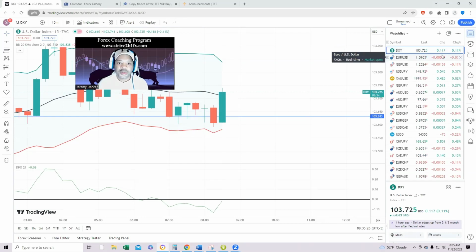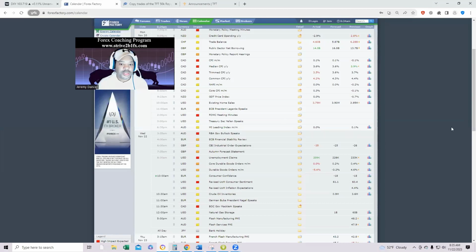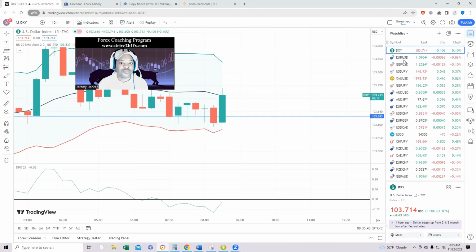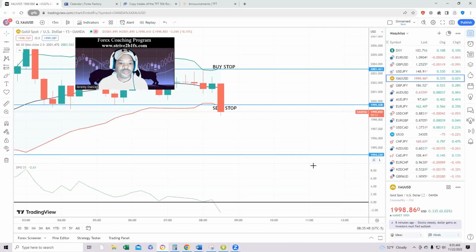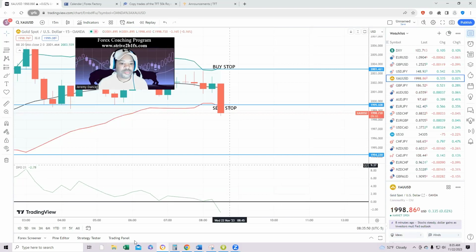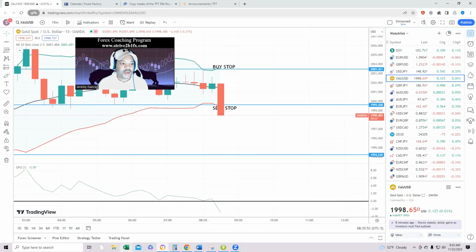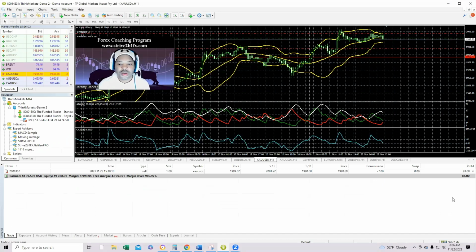This is just because I have a feeling a lot of people are going to be waiting for the news report that's coming a little bit later at 10 a.m. All right, but this is a good move. This is exactly what we want to see.